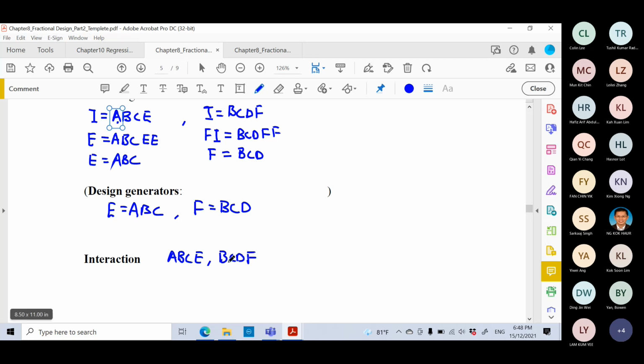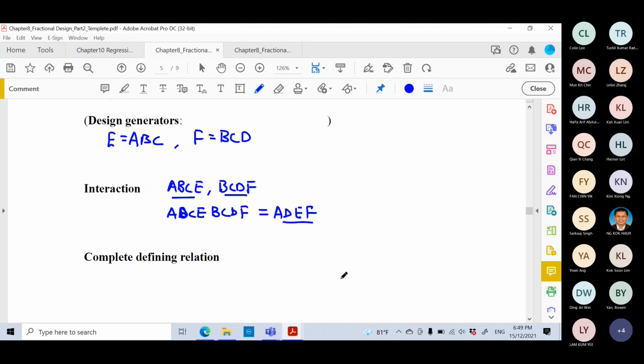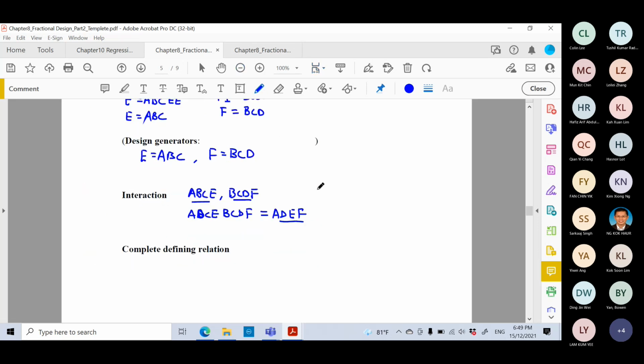So we consider their interaction. We have ABCE multiplied by BCDF. If you multiply all these, you can observe that ADEF is their interaction of these two words. So we have a first one, a second one, and a third one, so they are complete.